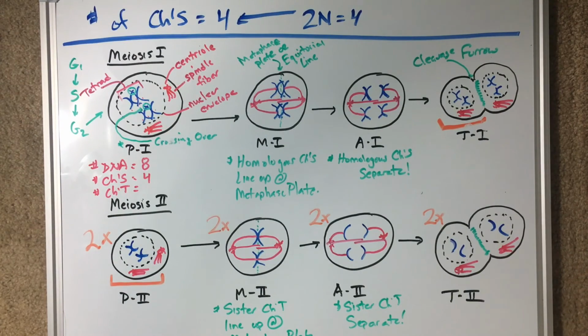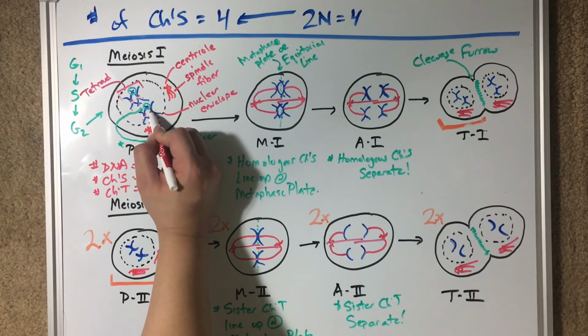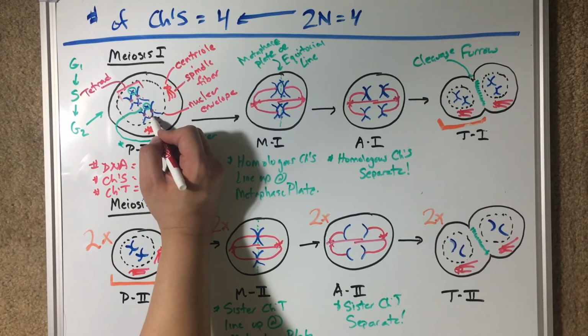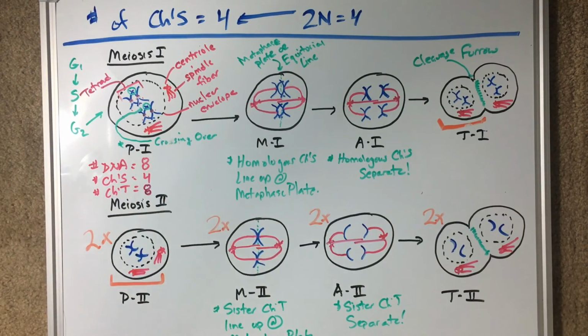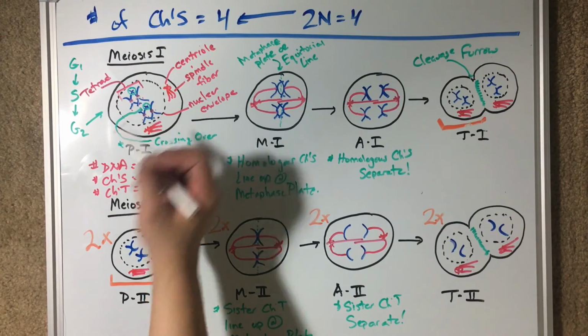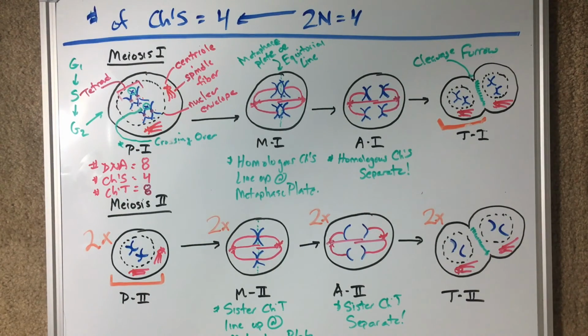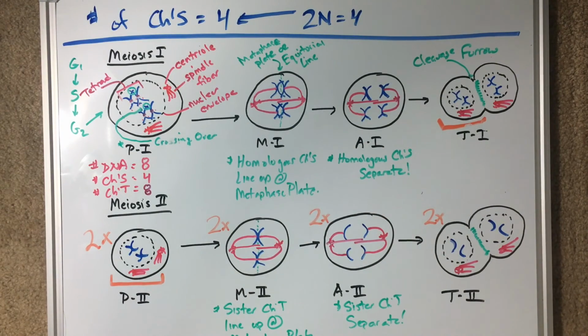And how about the number of chromatids? Well, we have 1, 2, 3, 4 centromeres. And if you multiply that by 2, you'll get 8 chromatids. Or just count them. There's 1, 2, 3, 4, 5, 6, 7, 8. How about here in metaphase 1?